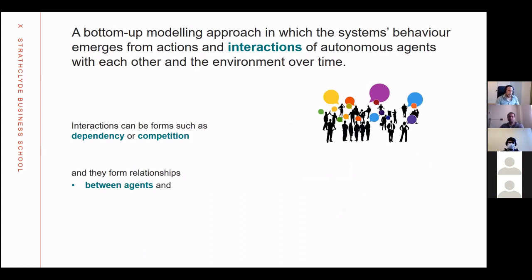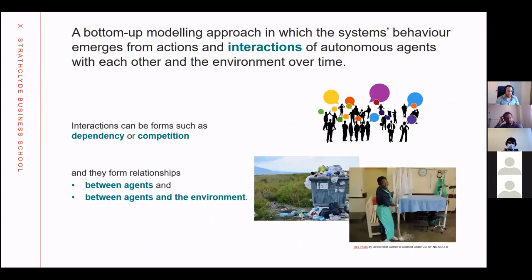And they form the relationships between the agents. They can also be between agents and the environment, so not necessarily directly between agents. If we're talking about relationships that are direct between agents, say in an infectious disease model, it might be that you come into contact with another agent and you infect that other agent.